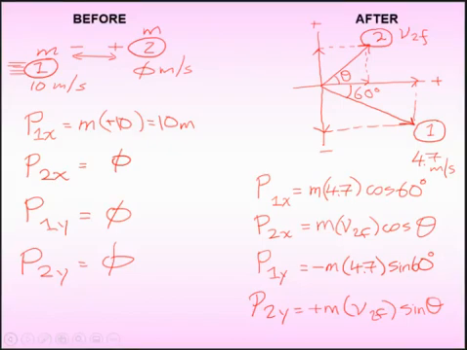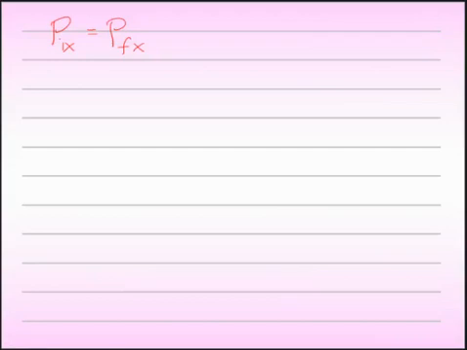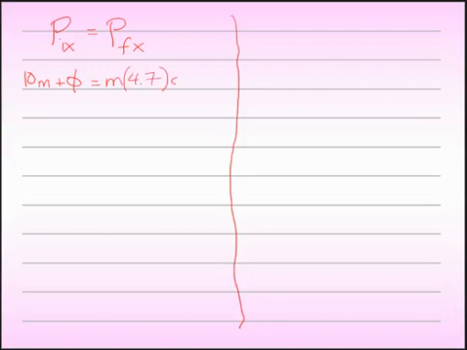So 10m plus 0 equals m times 4.7 cosine of 60 plus m v2f cosine of theta. By the way, there's no need for a bracket here. You can just put m.